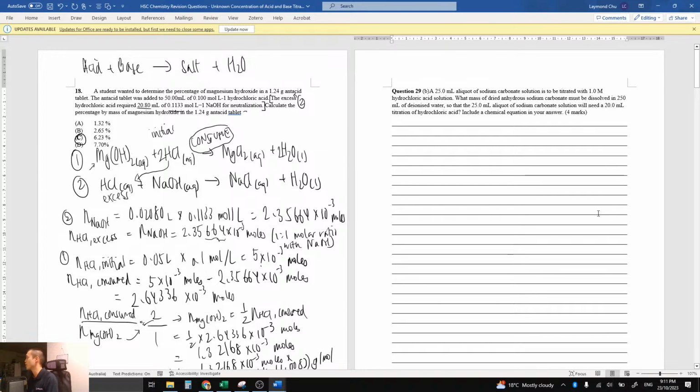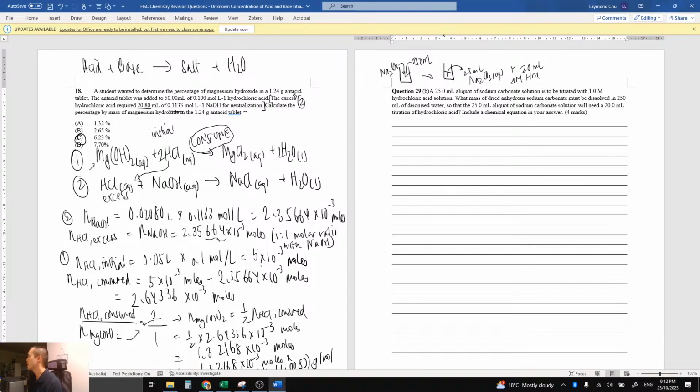There's a lot of words and numbers, but essentially you want to have some Na2CO3 solid dissolved in a beaker and a conical flask with 250 mL. And then after that's been dissolved, I want to take 25 mL of this solution and titrate it with 20 mL of HCl, 1 molar.